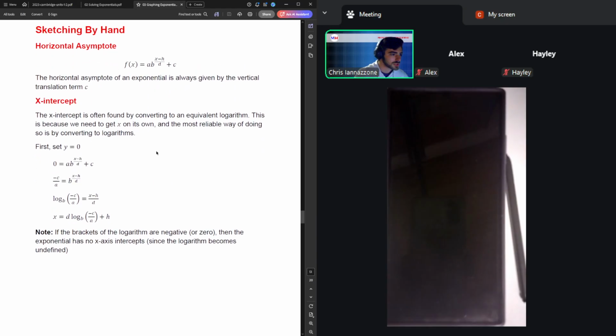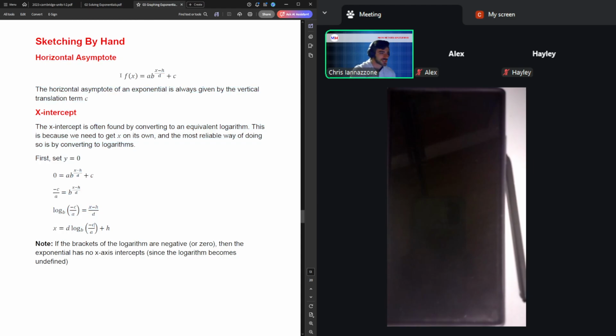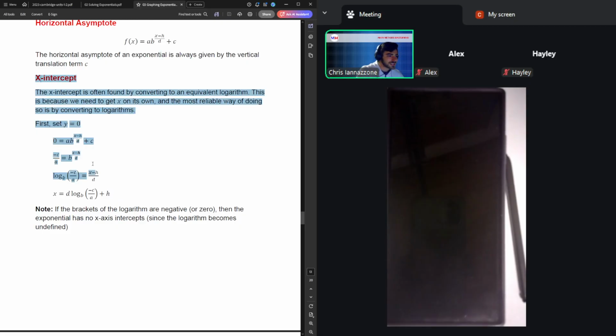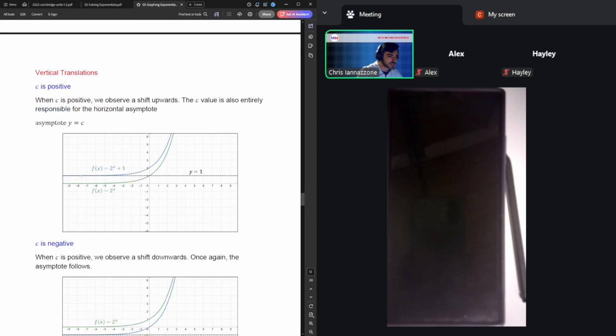So those are all the fundamental ones. As far as what you need to consider, where your horizontal asymptote is going to be, which is always going to be the vertical translation, you just rip that directly from the equation. You're going to need to find your x-intercept, if it exists. Because as we can see, like this graph here, the blue one, doesn't touch the x-axis at all.